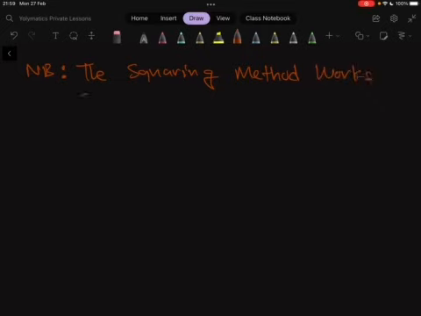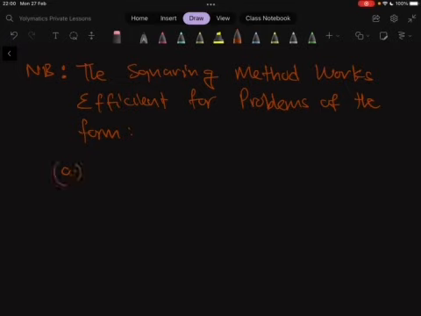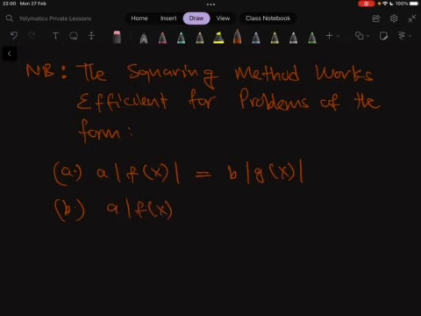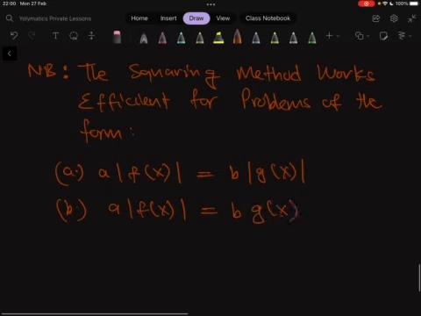It works efficiently for problems of the form |f(x)| = |g(x)|, or a|f(x)| = b|g(x)|. These are things that you should be very careful with every time you have to solve.